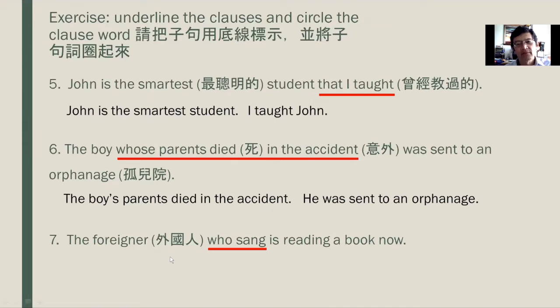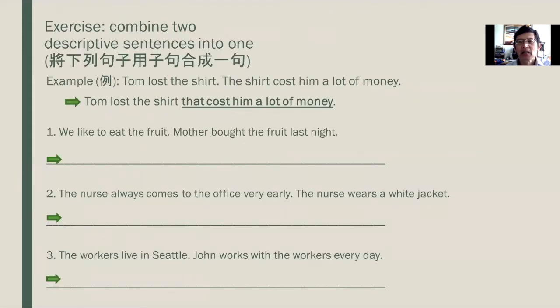What about 7? The foreigner who sang is reading a book now. The foreigner sang. He is reading a book now. So the two sentences are combined into one. The foreigner who sang is reading a book now. Do you understand?